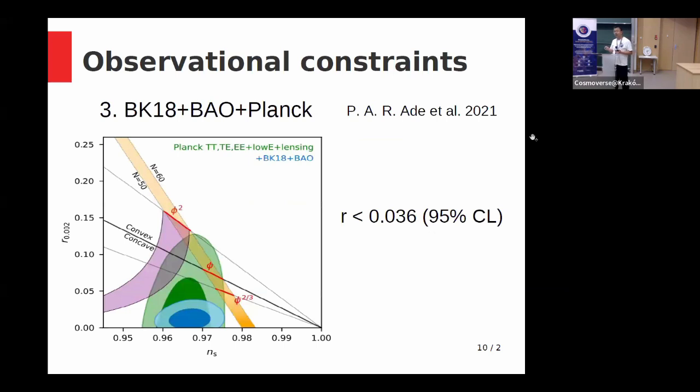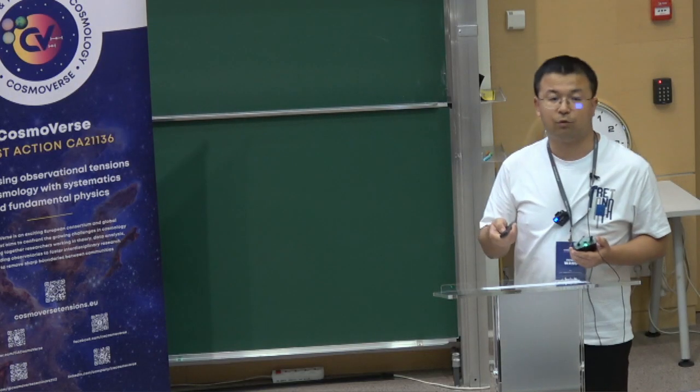And the most recent and important one is from the BICEP/Keck collaboration. By combining BK18 and the BAO from the SDSS survey and Planck CMB data, they give the tightest 2 sigma upper limit, 0.036. And so what is the question?